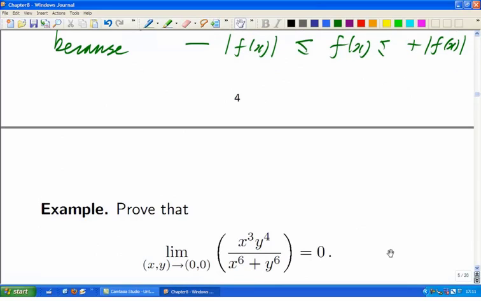So our task with the next example is to prove that the limit as (x,y) tends to (0,0) of x cubed y to the 4th over x to the 6th plus y to the 6th is 0. And this is, I would say, a non-trivial task, because if you come in along the x-axis, it's 0. If you come in along the y-axis, it's 0.